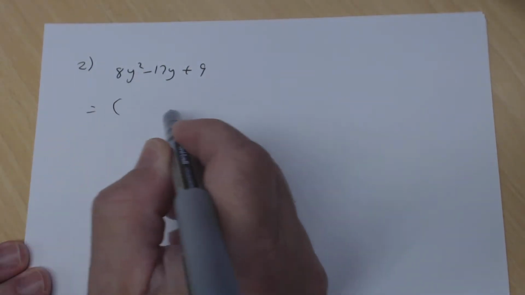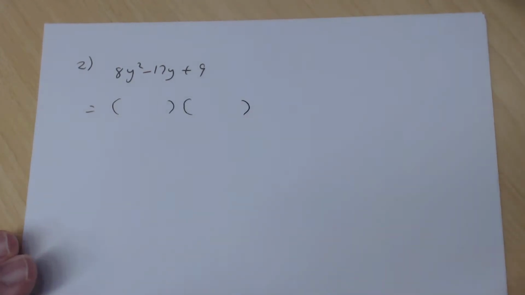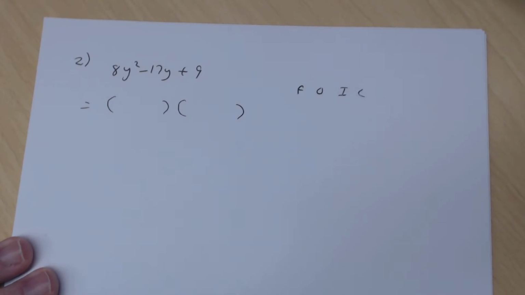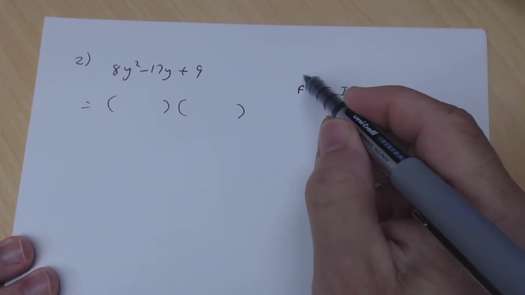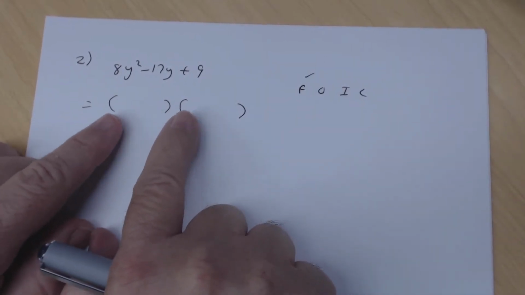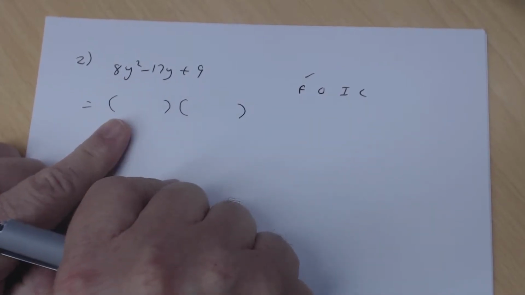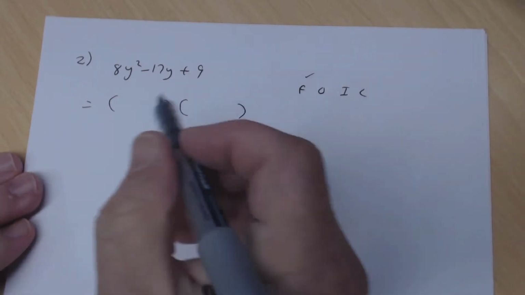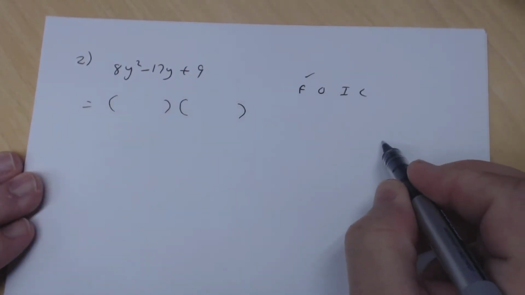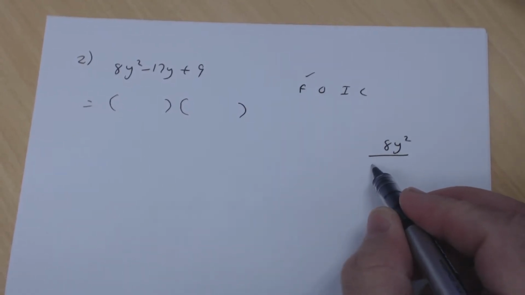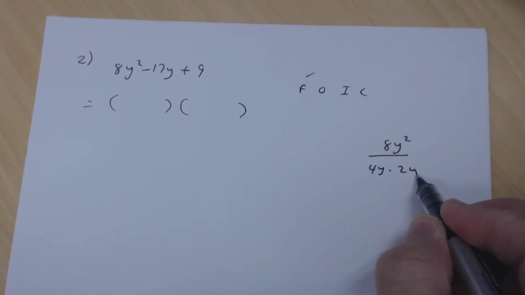The GCF is 1 for those 3 terms. So I'm going to go directly to two binomials. Now remember, I'm using trial and error, and I'm using FOIL as we go through this. All right, so let's do the F first. Give me 2 numbers whose product is 8y squared. So there are a few possibilities. For 8y squared, I'm going to write it out here just to show you. I can say 4y times 2y.